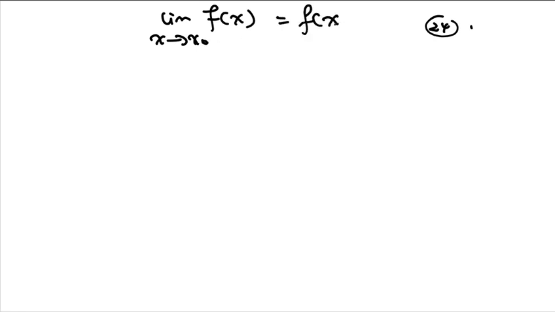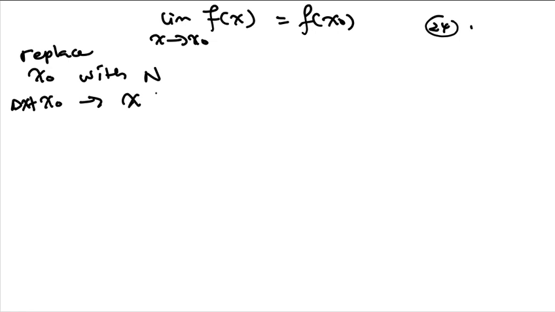So the limit of f(x) as x approaches x naught equals f(x naught). Now, let's say here I want to replace x naught with n. Also, I want to replace x naught plus change in x with x.